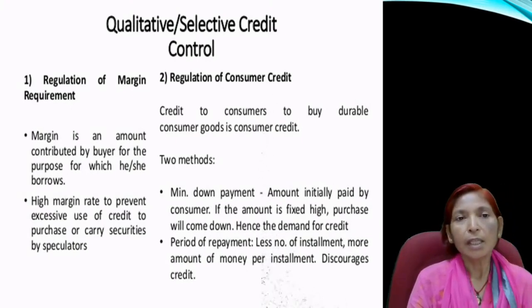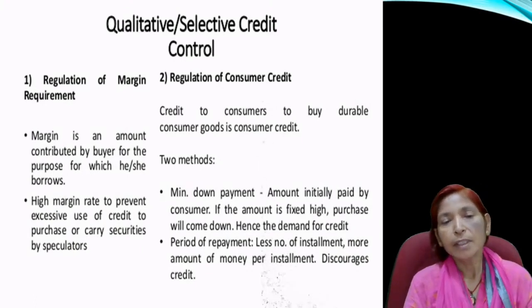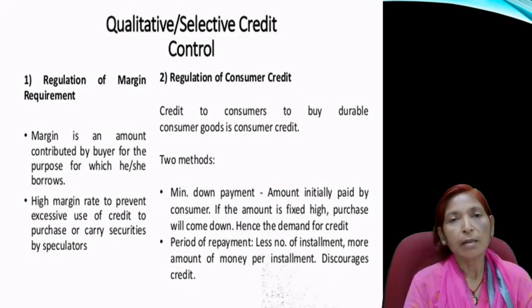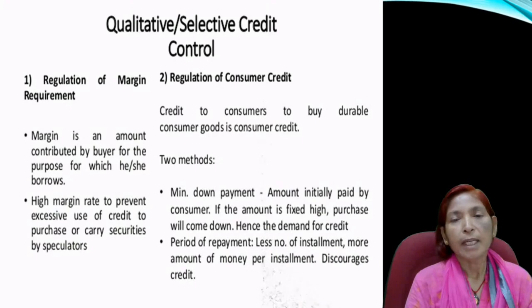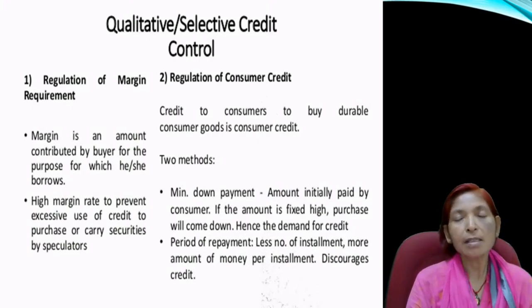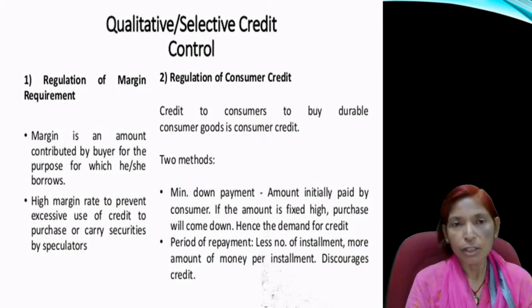So these are the qualitative or selective credit control instruments, in which you have studied 4 points: margin requirements, rationing of credit, moral suasion, and directive action.